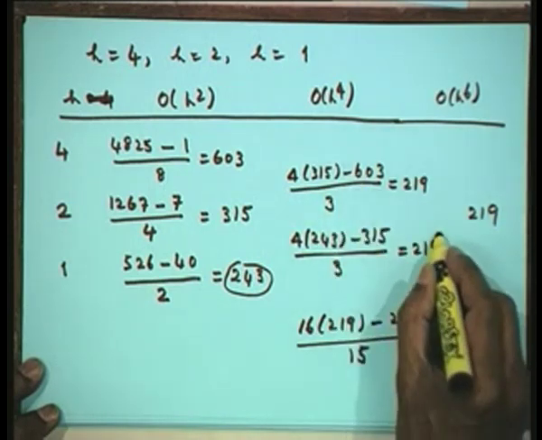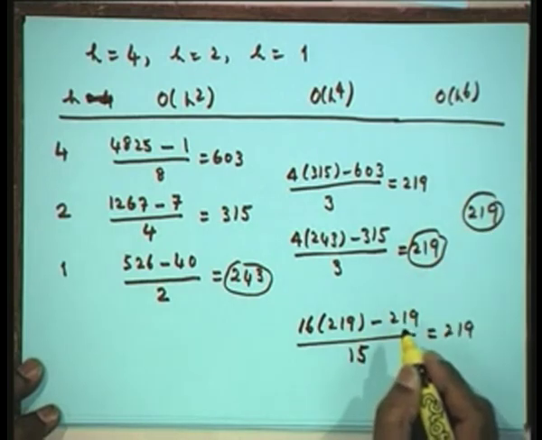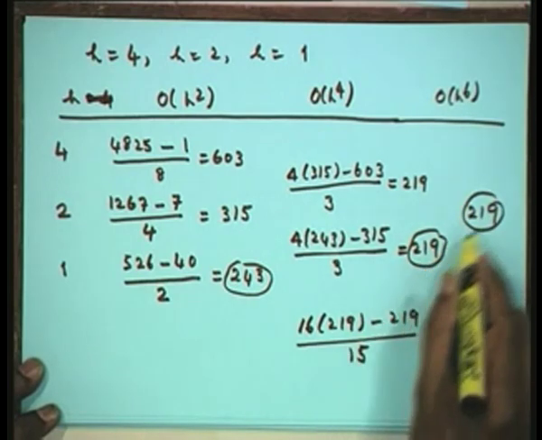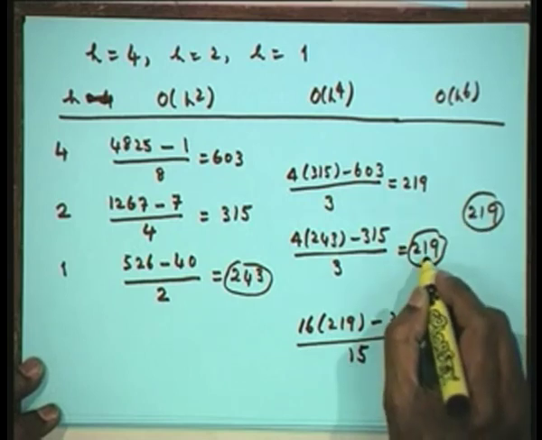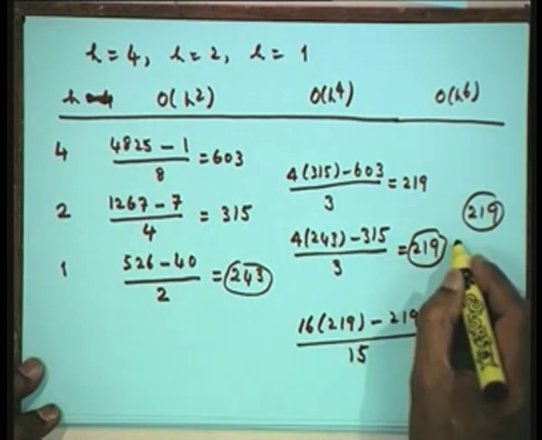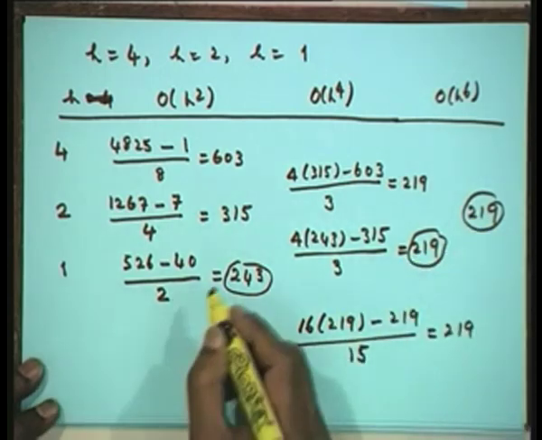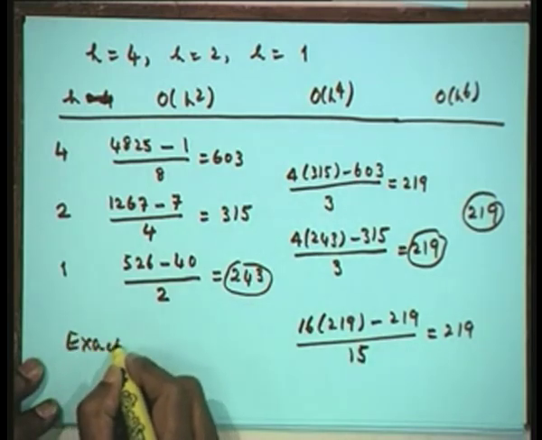Now in this column this is the best value, in this column this is the best value. Two successive approximations have become identical, that means this is your exact solution, because 219, 219, two successive approximations identical, the difference between them is 0, therefore error here is 0. Therefore what we have got here is the exact solution.